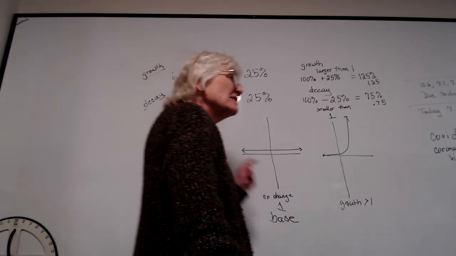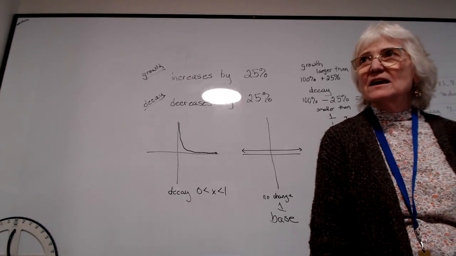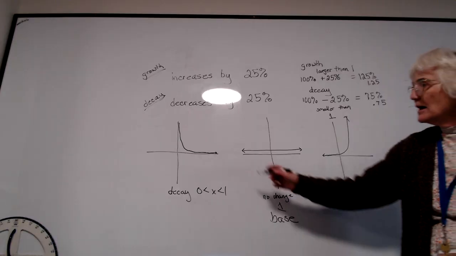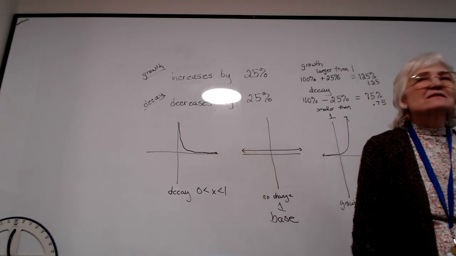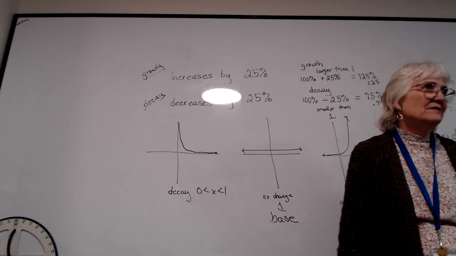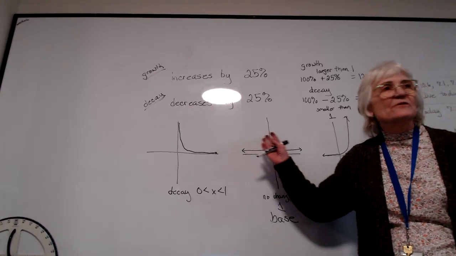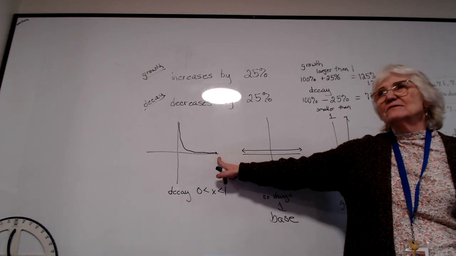Now, theoretically, if I cut something in half, and in half, and in half, and in half, I never get to 0, do I? I never quite get to 0. But remember, it gets so small that we basically say there's 0 left. But that's way out in the future. Theoretically, it never gets to 0.